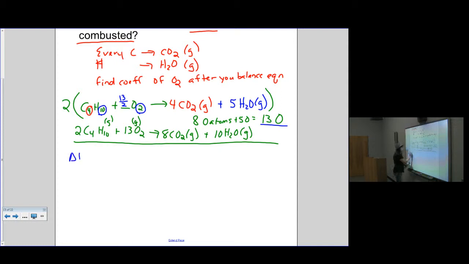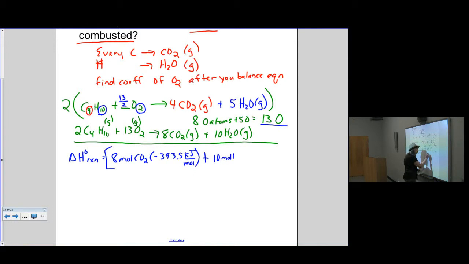In this case, the delta H of the reaction is going to be 8 moles of CO2. You'll look up the value for the gaseous CO2, and that's negative 393.5 kilojoules per mole. Plus, remember, this is a sum of all of the products, 10 moles of H2O in the gaseous form, and that's negative 241.83 kilojoules per mole.